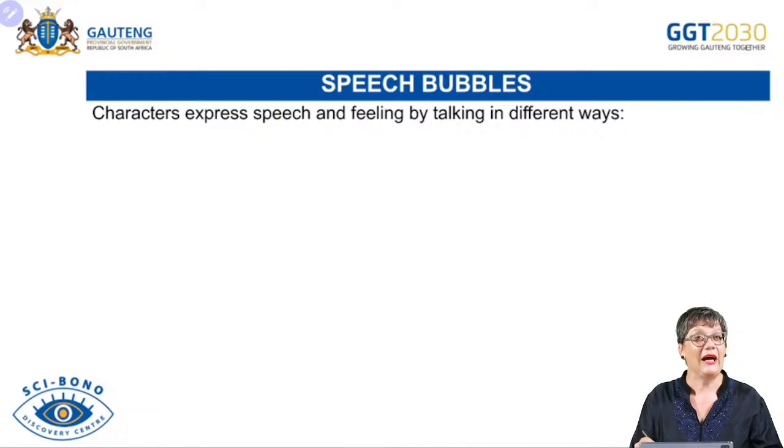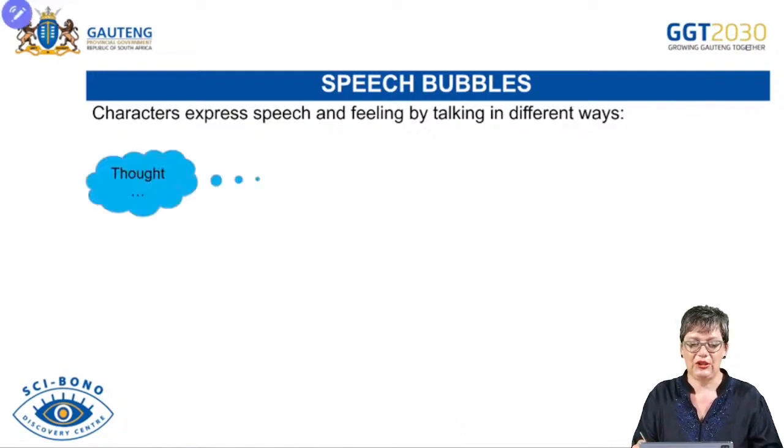Now, let's look at a few things that you have to know that might become very important in your cartoon. The first one is speech bubbles. So the cartoonist has to use ways to express how his characters are talking. There are different ways to show this to you.